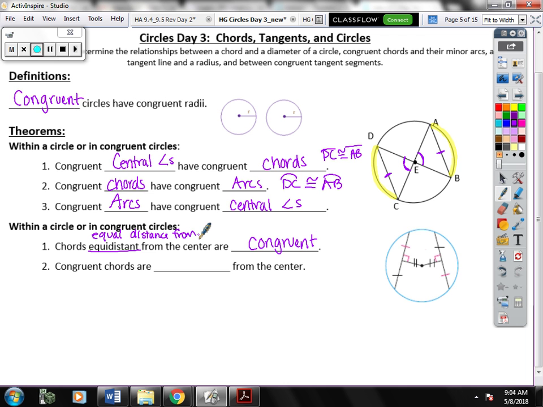So you can see in this picture we have two chords. We're shown that they are the same distance away from the center, which means that the chords themselves will be the same length, will be congruent. And then the other one's the converse, which says if the chords are congruent, then they have to be equidistant from the center.